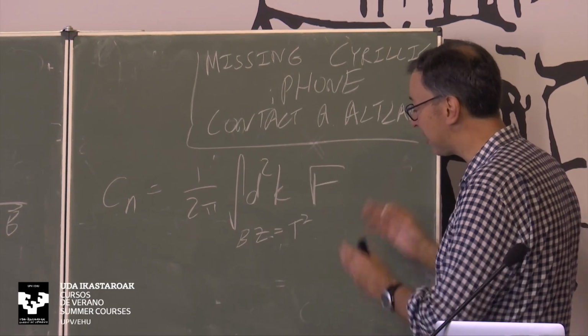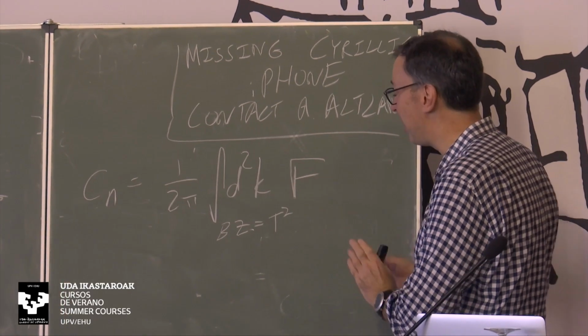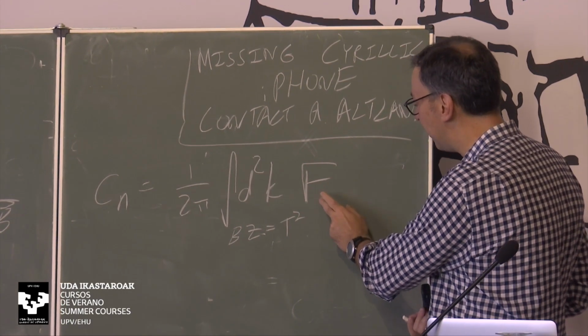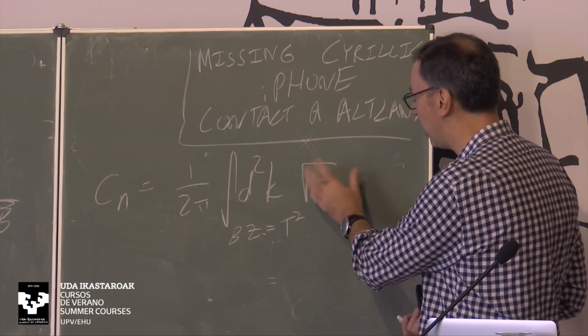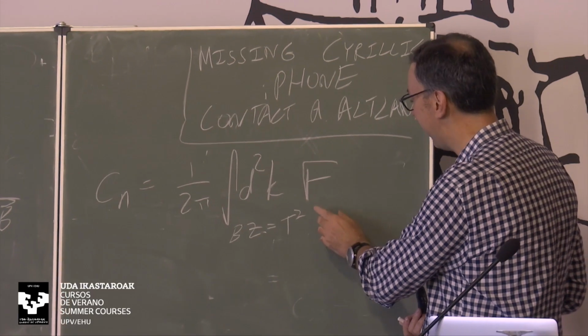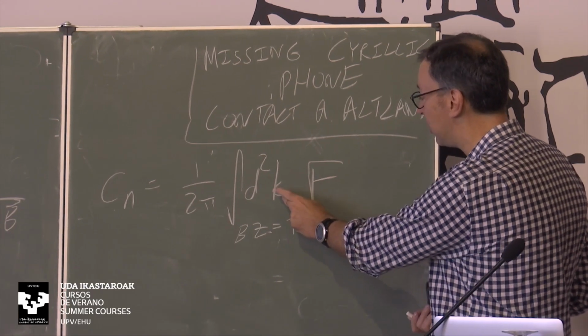That's a nice dimensionless integral because F, remember, has two k derivatives of u inner producted with itself. So that inner product is dimensionless, and then the two k derivatives cancel out d²k.